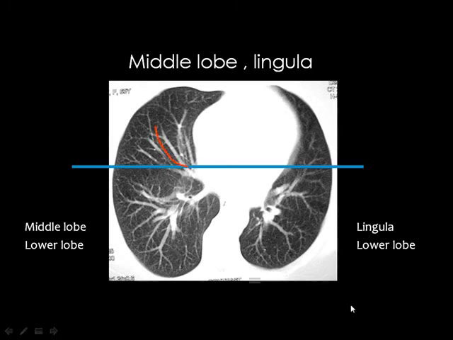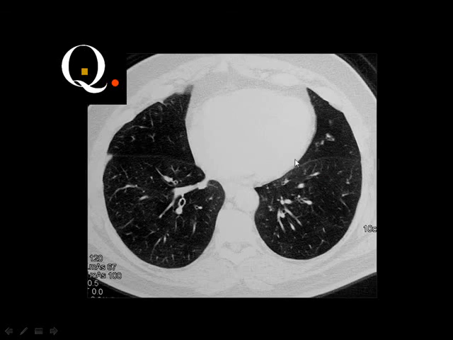Then, the middle lobe has two segments, medial and lateral. The medial one is close to the heart, the lateral one is away from the heart. The lingula has two segments, the superior and the inferior. The inferior is close to the heart because it will reach the diaphragm, and the superior is close to the lateral chest wall.